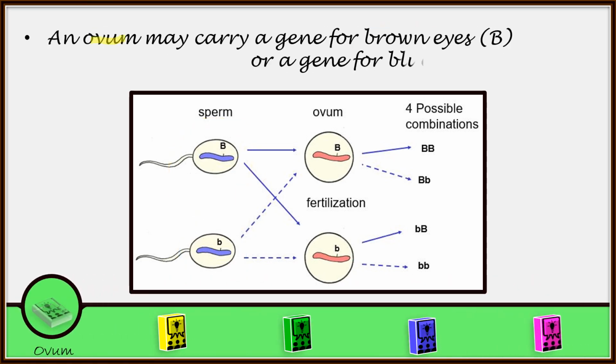Then the ovum may carry a gene for brown eye and also carry a gene for blue eye. When you look at our ovum, here it is carrying a gene for brown eye, and here it is carrying a gene for blue eye.